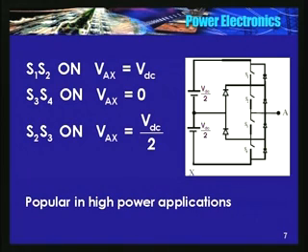It is entire VDC, because when S1, S2 are closed, this point gets connected to this bus. So it is VDC. When S3, S4 are closed, of course, S1, S2 are open, S3, S4 are closed, potential of A with respect to X is 0. VAX is 0, which is the same as that we got in the half bridge.